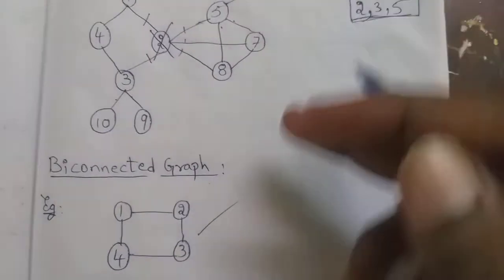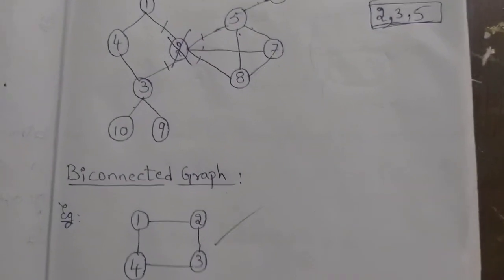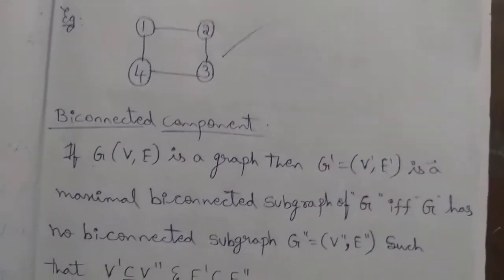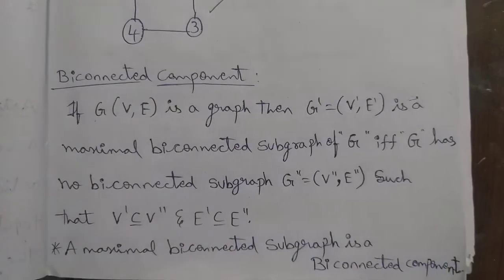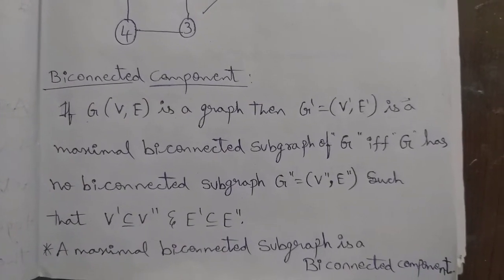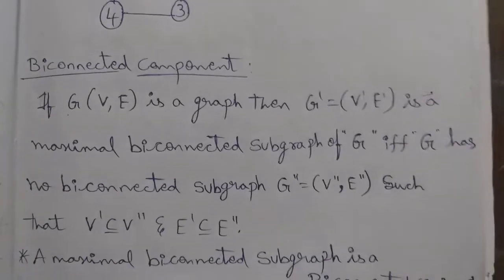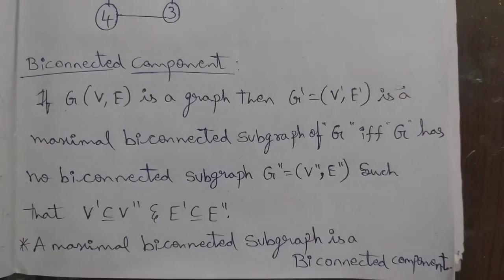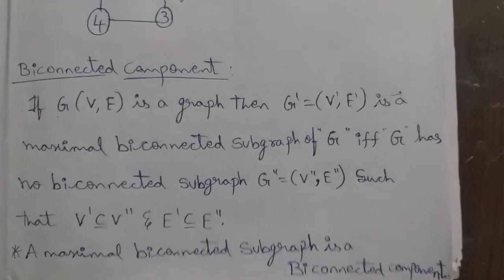Understood what is meant by an articulation point and a biconnected graph. Now we will see what is a biconnected component. In order to understand this, first of all, you should know what is meant by a maximal biconnected subgraph.